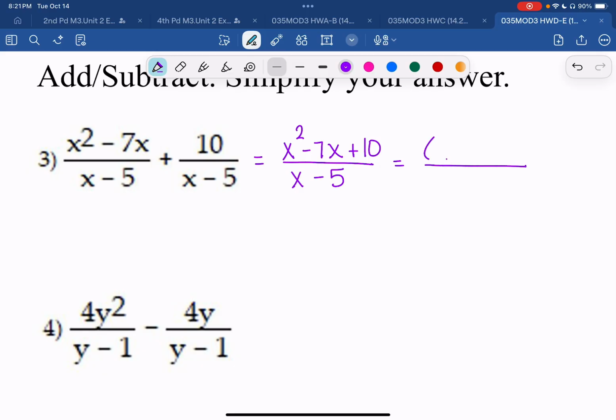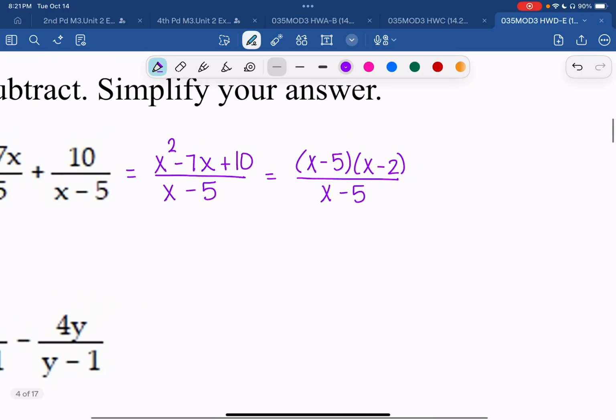That's going to factor into x minus 5 times x minus 2. And then I've got x minus 5 in the denominator. This matches with this. That's a common factor. So the only thing I have left is x minus 2.